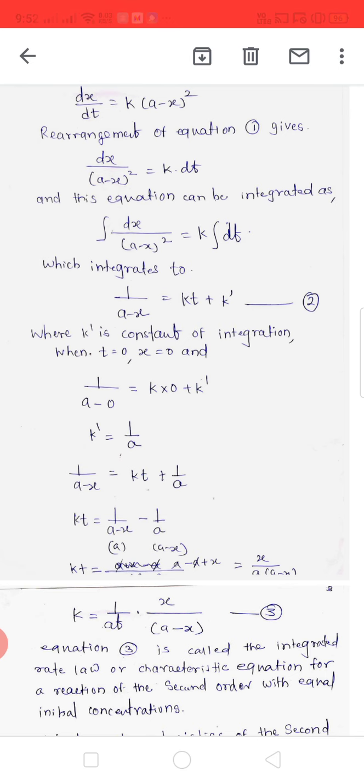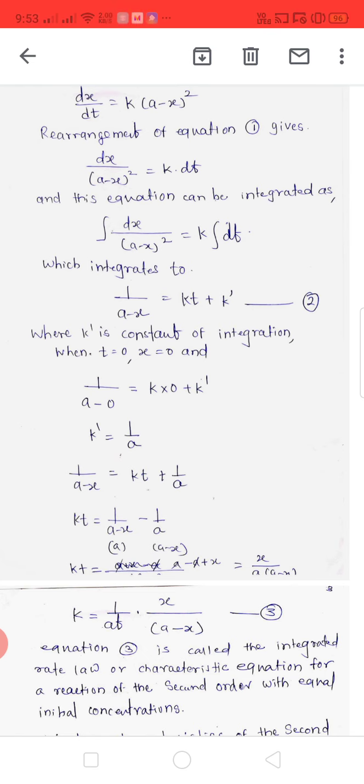That is equation 2, where k dash is the constant of integration. Assuming t equals 0, so x equals 0, 1 upon a minus a... that is, 1 upon a equals k into 0 plus k dash. So k dash is equal to 1 upon a. Putting the value of k dash in equation 2, we get 1 upon a minus x equals kt plus 1 upon a.